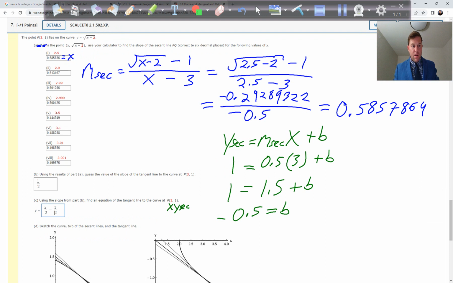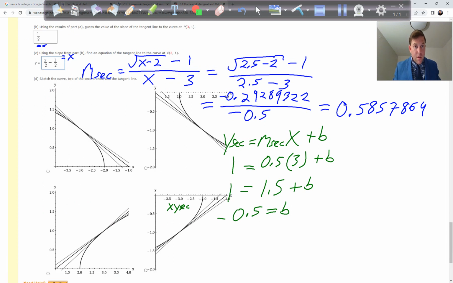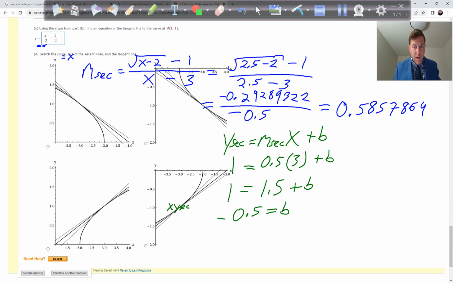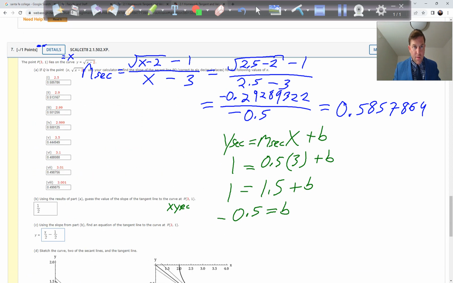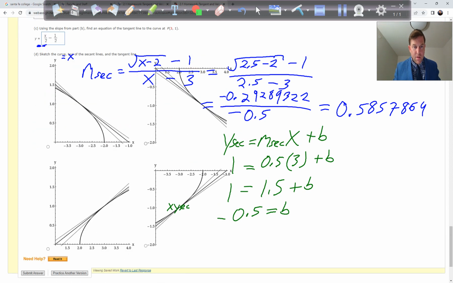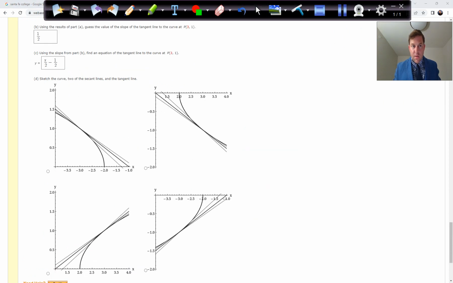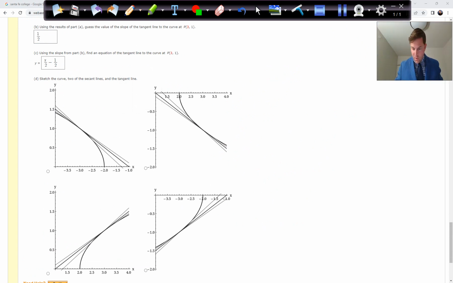Now we want to sketch this. So the sketch of this, and they've zoomed in, would be the slope is positive 1/2 and the intercept minus 1/2, so it has to go up and to the right. And this curve, the square root of x minus 2, maybe I can just do a better job of sketching this myself. So let's try this.